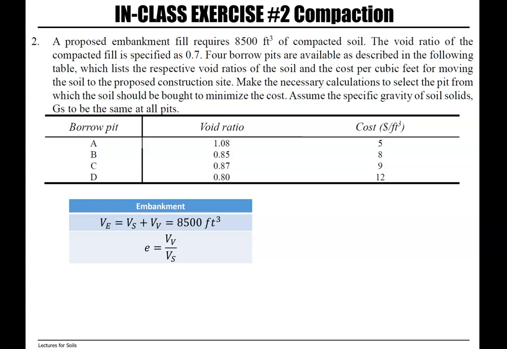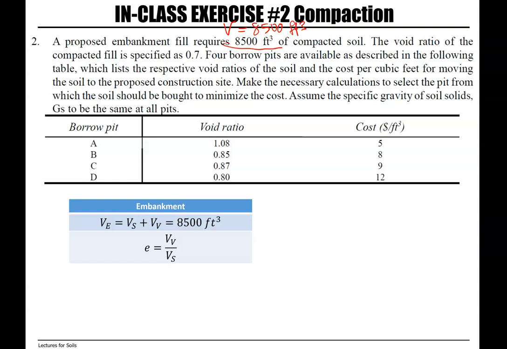Now let's look at another example. A proposed embankment fill requires a total volume of compacted soil of 8,500 cubic feet. So total volume is 8,500 cubic feet. That is the volume of compacted soil.